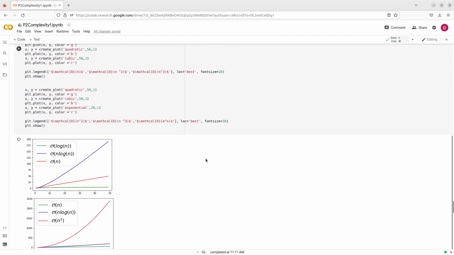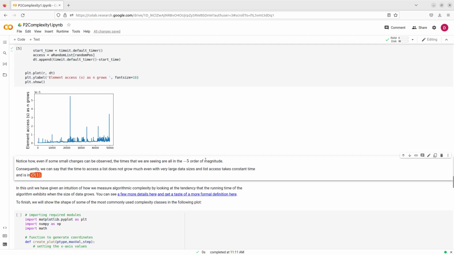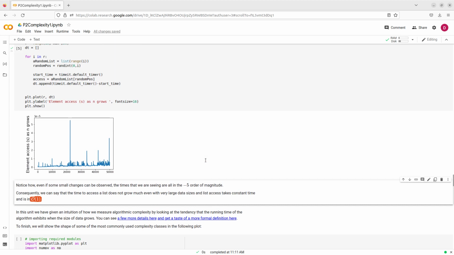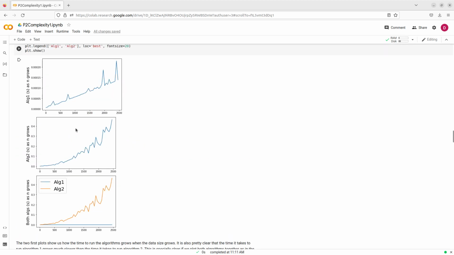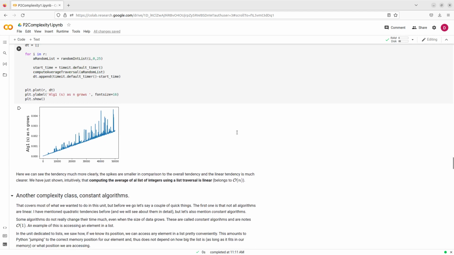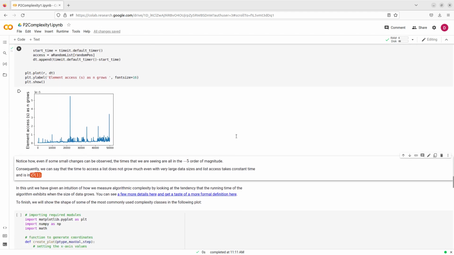We have seen in this unit that traversing a list to compute, for example, the average has linear time complexity, which is the complexity that happens when the computation time of the algorithm grows following a line. And we have also seen that accessing a list is constant time complexity. The computation time for that doesn't change if the list is longer.